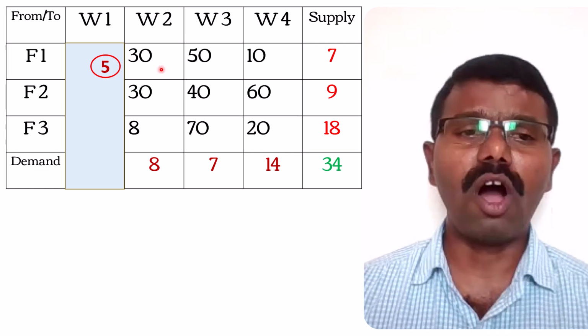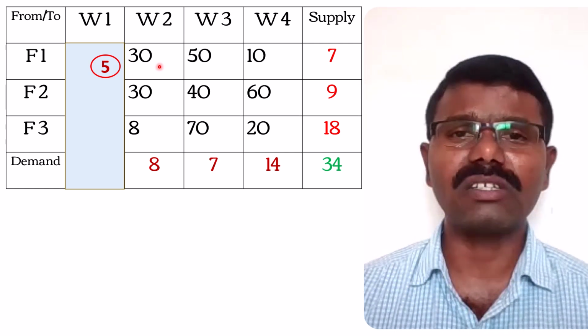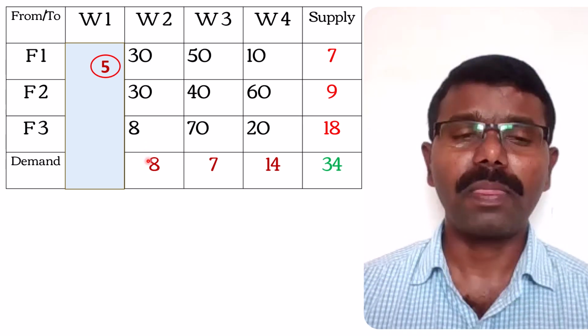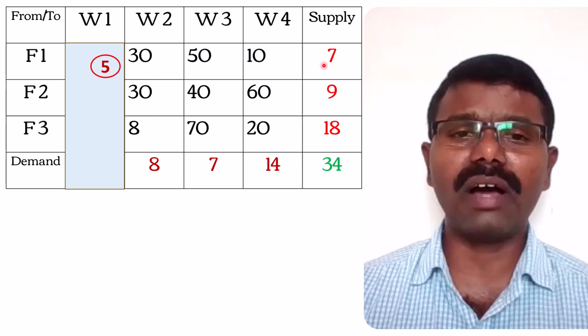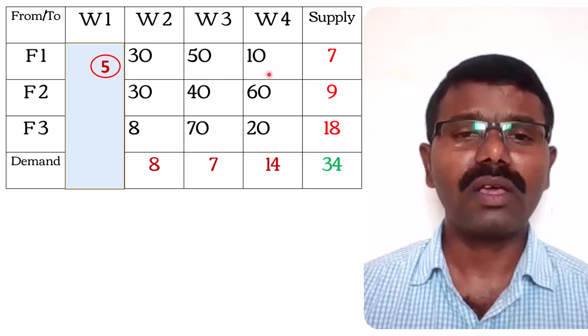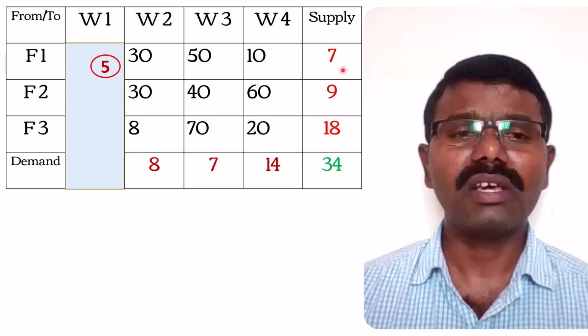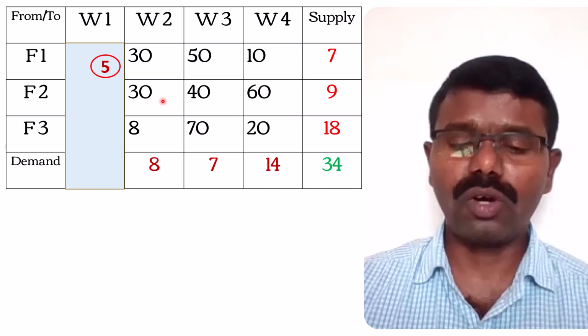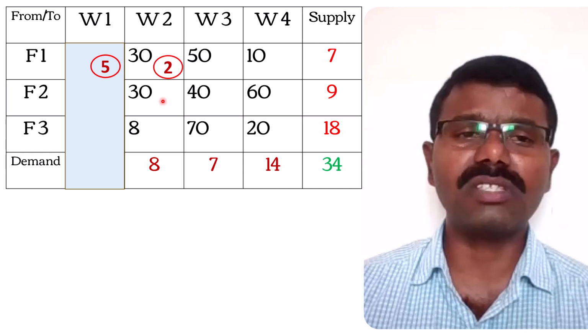So now how many units are we able to allocate to this cell? This cell has a demand of 8, but 8 we can't supply because out of 7, 5 we have already given to warehouse 1. So the only units left at factory 1 are 2. So the maximum we can allocate to this cell is only 2. So allocate 2 units to this cell.